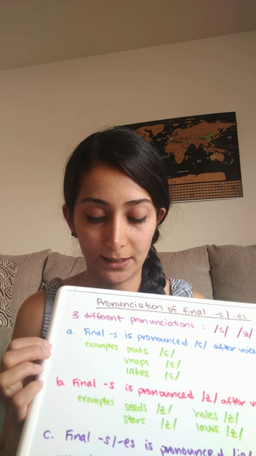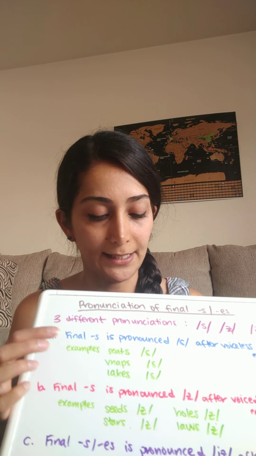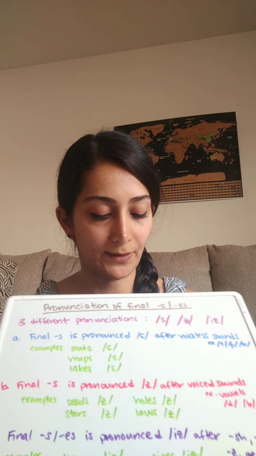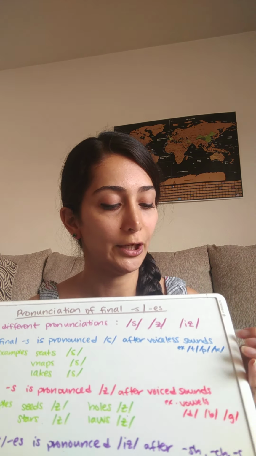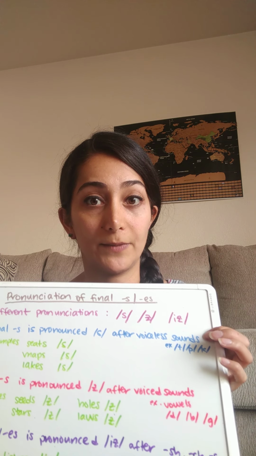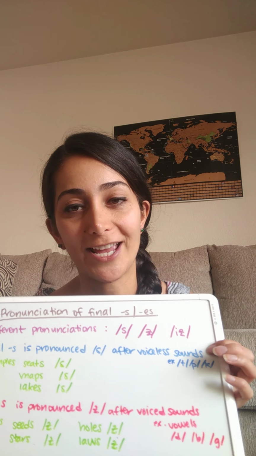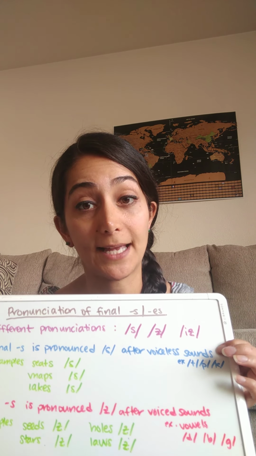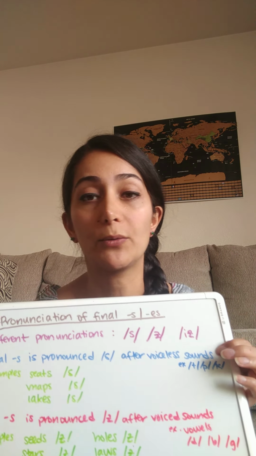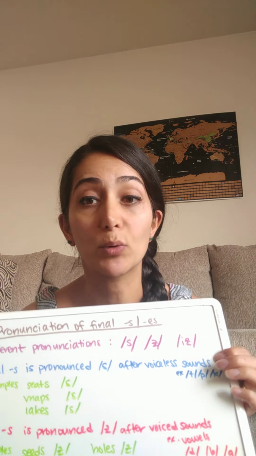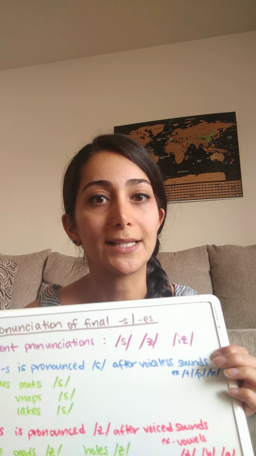So when do we use it? Final S is pronounced S after voiceless sounds. That's why initially when I taught you about voiceless sounds and voiced sounds, I told you that we would need to use this later on, and it's important that you understand what these terms mean.